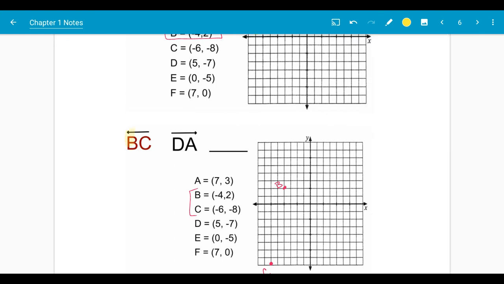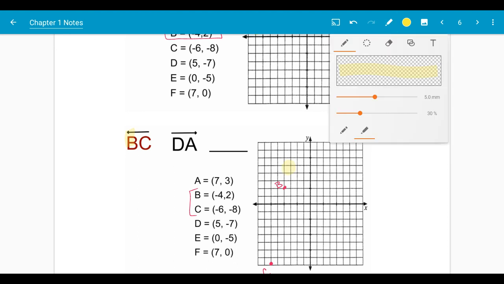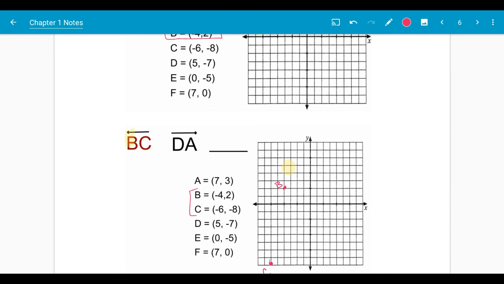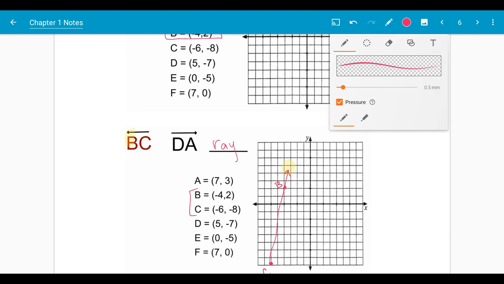So with this one, the arrow is above the B, which means that we should have an arrow on the B side. So when you connect these, you're going to start directly at the C. Don't go beyond it. And you're going to go through the B and put your arrow there. These are both examples of rays. So I want you to pause the video and try to do DA.